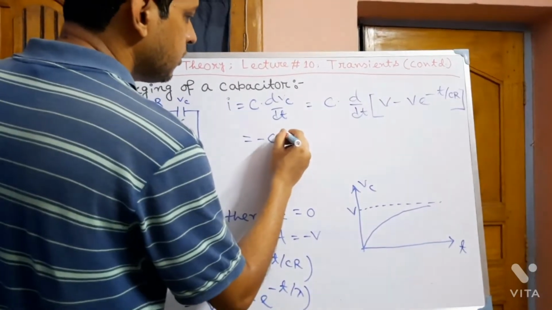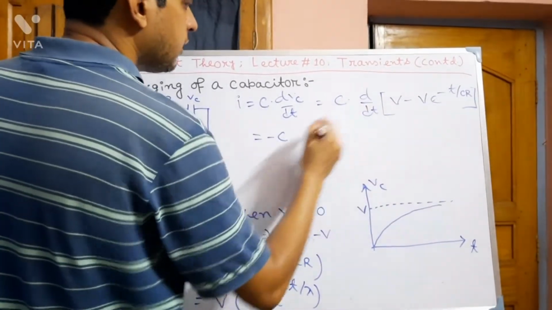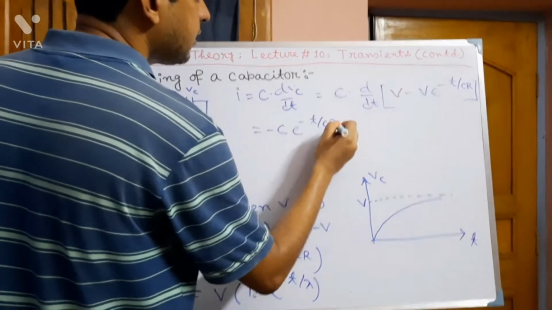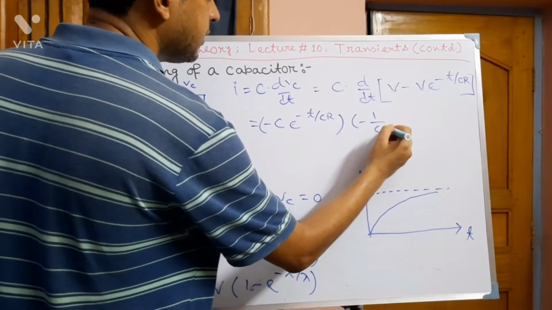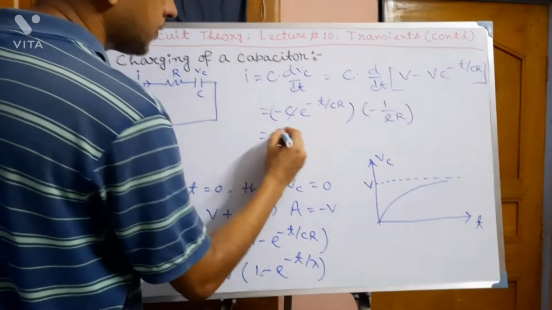Now this will be minus, this minus is for this one, and e to the power minus t by CR into minus 1 by CR. Now this C and C will cancel, and make it plus.